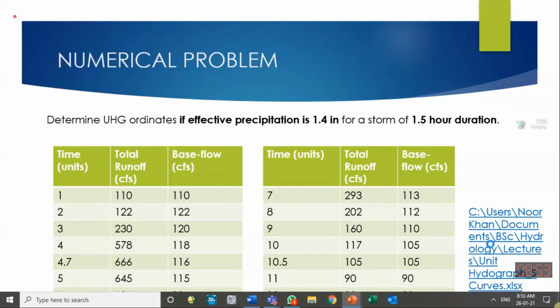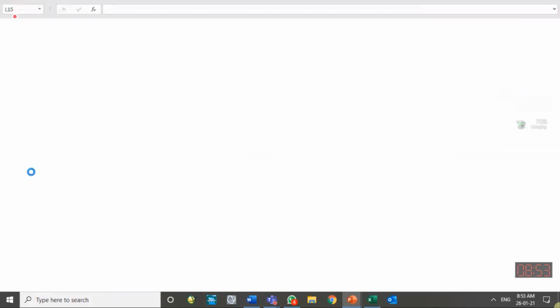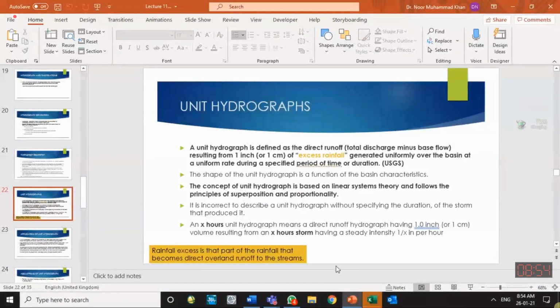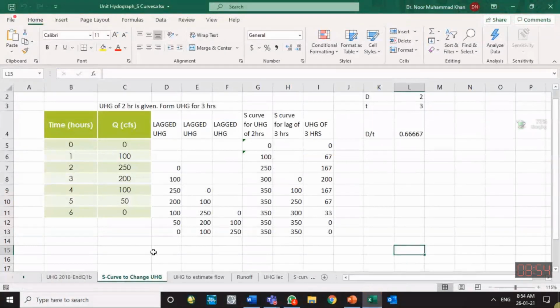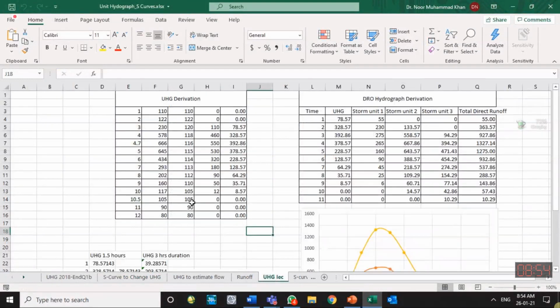That is how it can be done in Excel, and that is shown over here in Excel, already done. This column is the time duration steps, and F column is the given value of the total runoff.